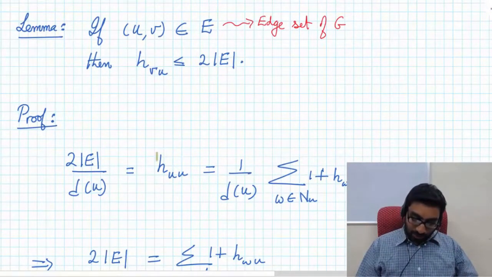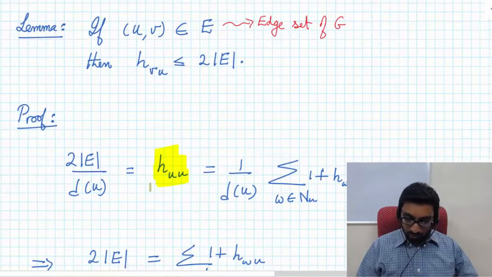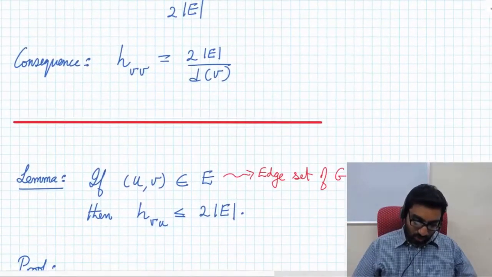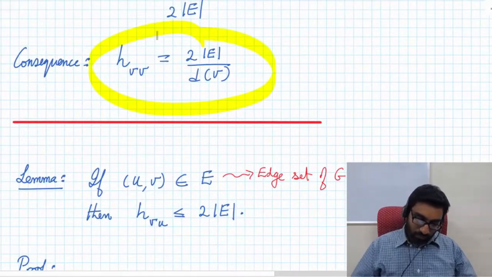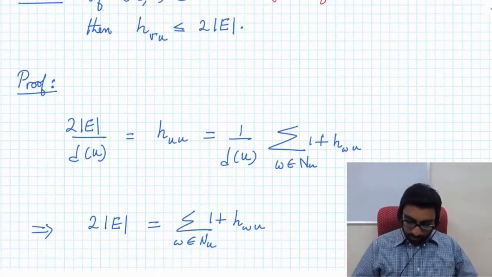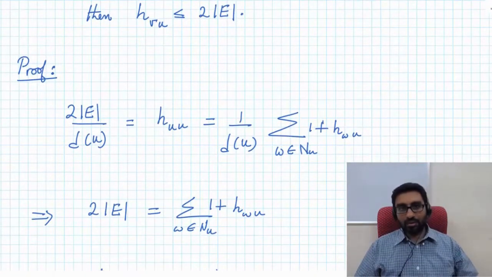Let's look at H_uu. We already know that H_uu is 2e over d_u, and this is what we got over here. But there's also another way to look at this.